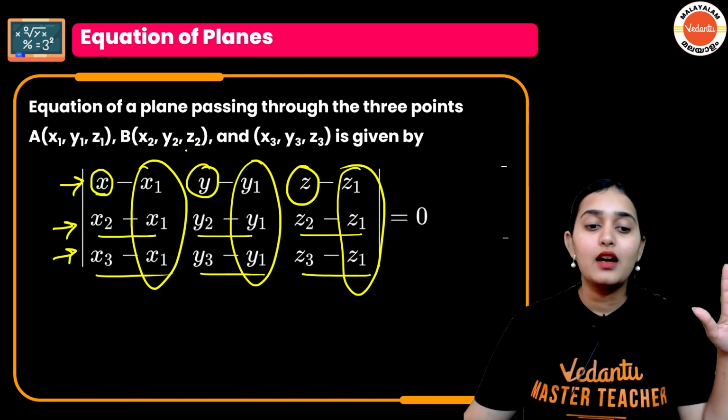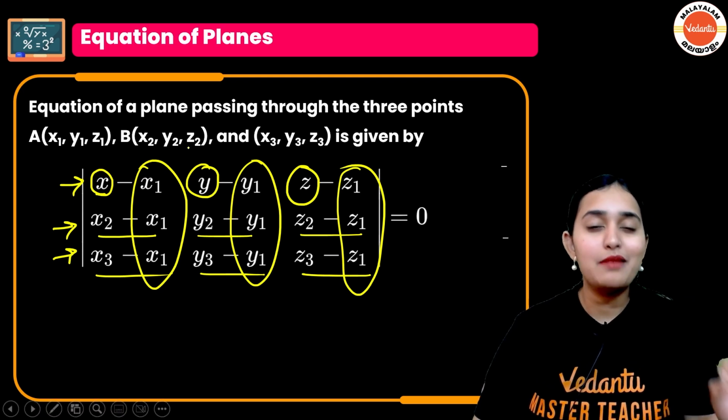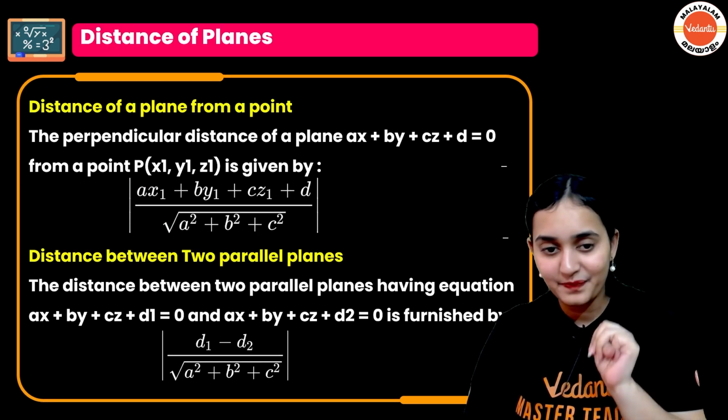So this is the equation of the plane passing through 3 points.